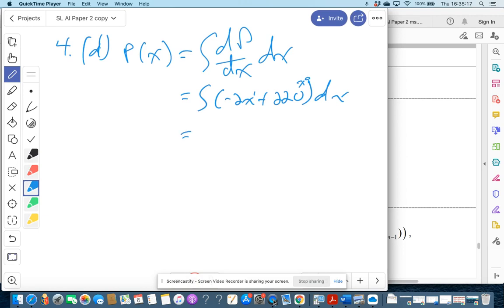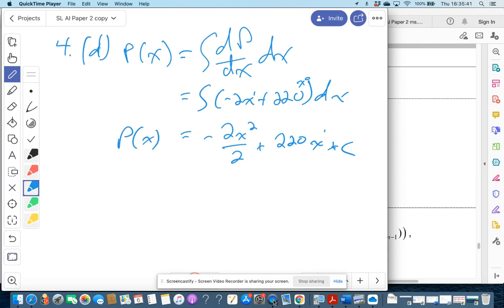The antiderivative of x to the 1 is x squared, divided by the new exponent. The antiderivative of x to the 0 is 220x. Don't have to write x to the 1 or divide by 1. And according to the formula booklet, I have to put in the constant of integration.